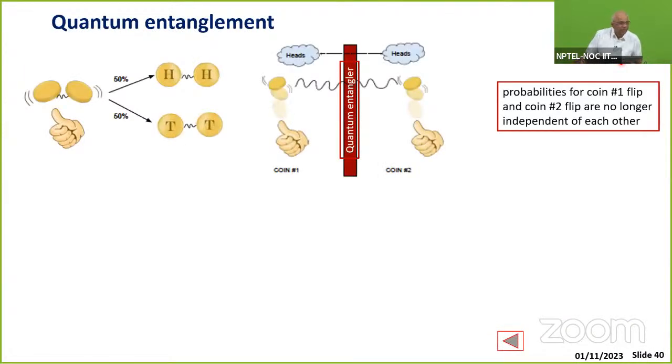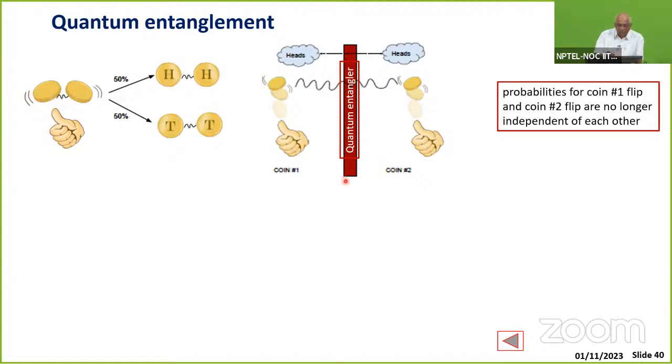What is this quantum entanglement in a simple way that we can understand? So here, we flip coins. You flip a coin, there is 50% it can be head. Two people are spinning coins, and so it can be head or tails, right?